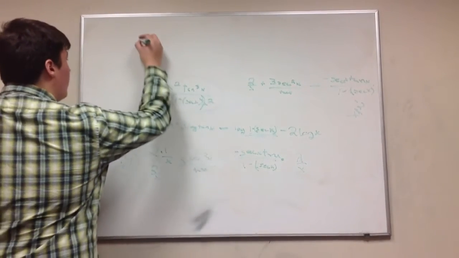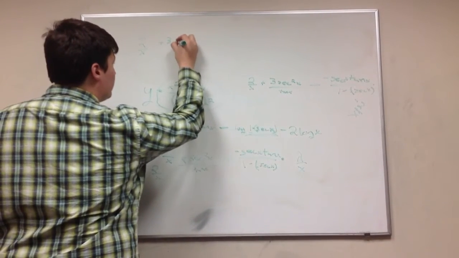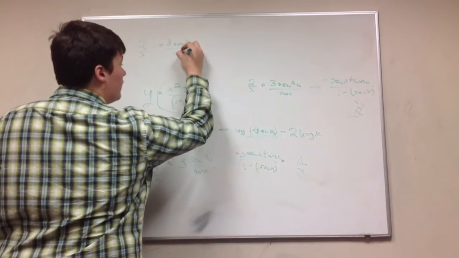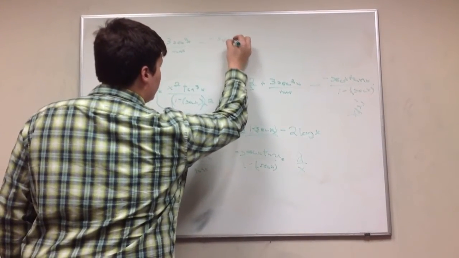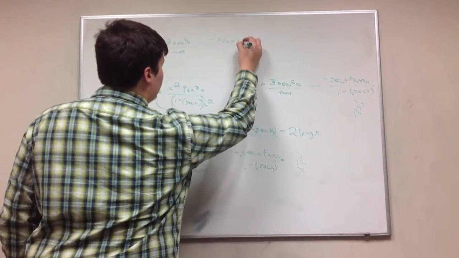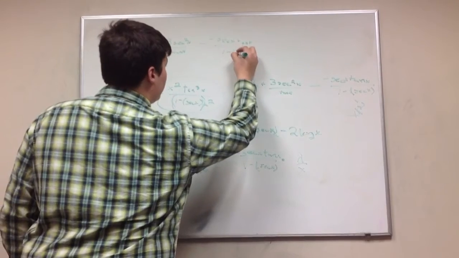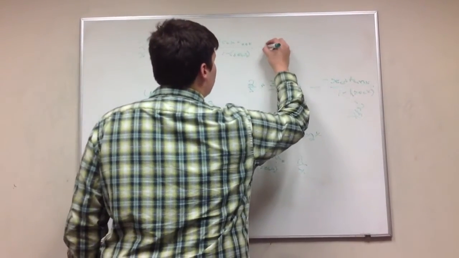So, we have 2 over x plus 3 secant squared x over tan x minus negative secant x tan x over 1 minus secant x, minus 2 over x.